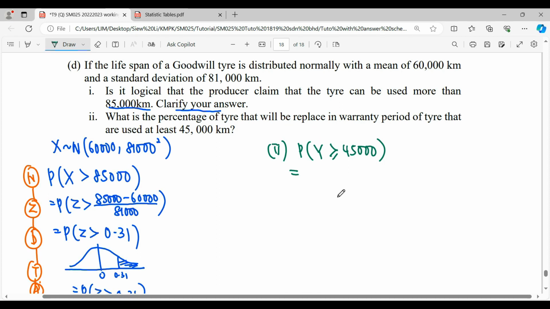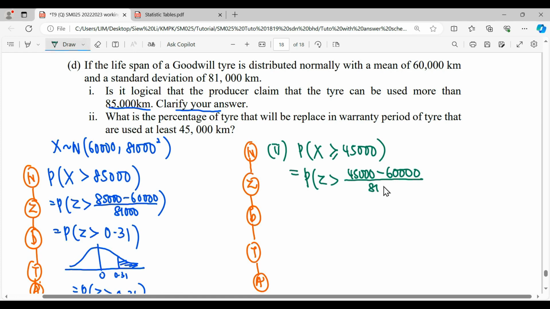We start with the distribution X, which is normal, so we change it to Z. Later we are going to draw and then find the answer from the table. To get Z, 45,000 minus 60,000 over the 81,000 standard deviation, so the Z value will be more than negative 0.19.